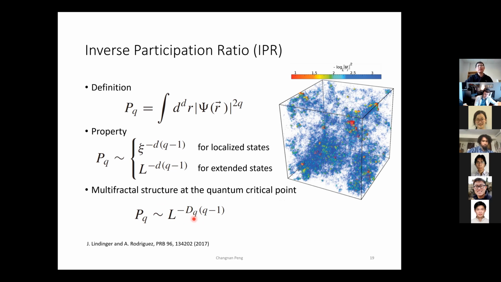It says that viewing different q-th moments of the wave function at the critical point, we actually have different fractal dimensions of this wave function. So this is the multifractal structure.